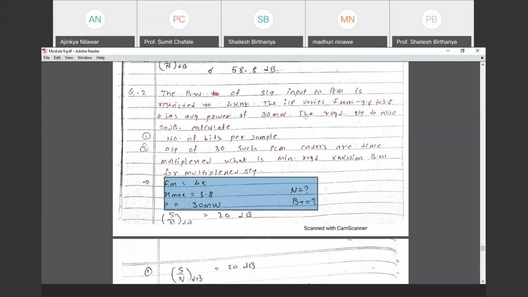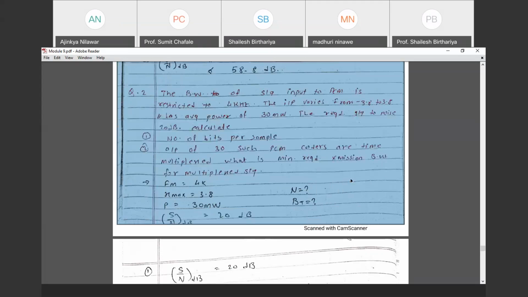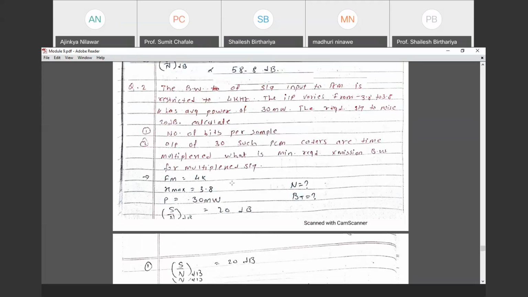Then what we have to calculate: the required signal to noise ratio is 20 dB, that means the value in dB is given. And then we have to calculate the number of bits per symbol, and the output of 30 such PCM coders are time multiplexed, with the minimum required transmission bandwidth. Basically, we have to calculate the bandwidth from the given data.